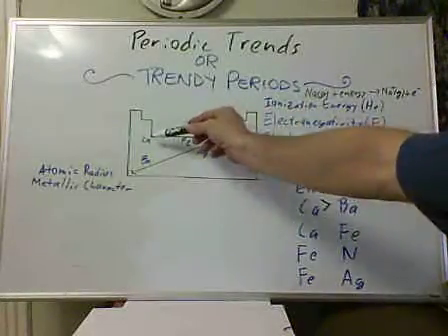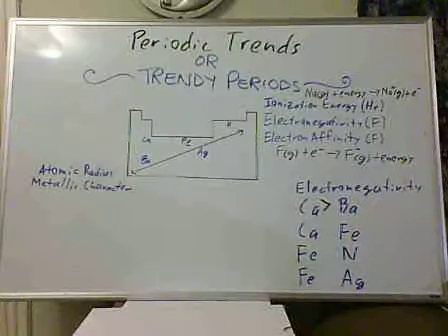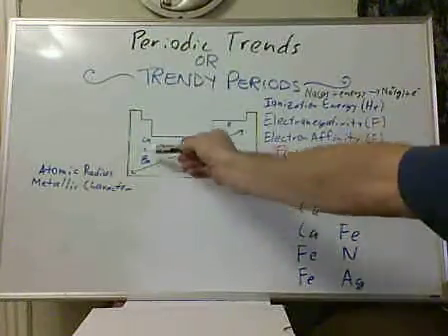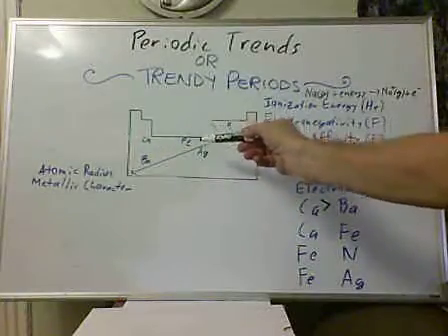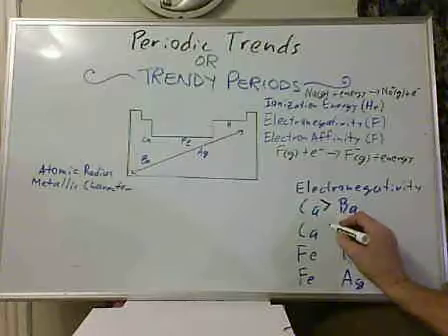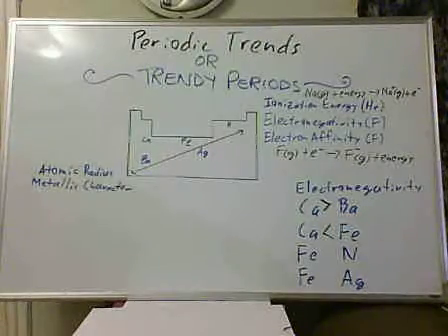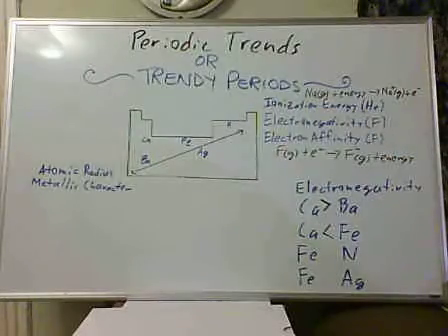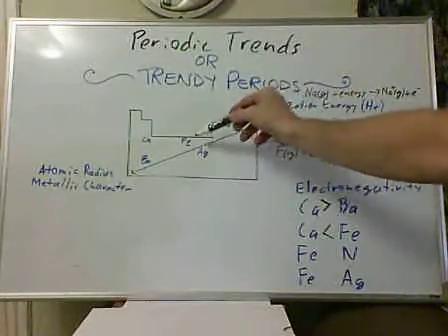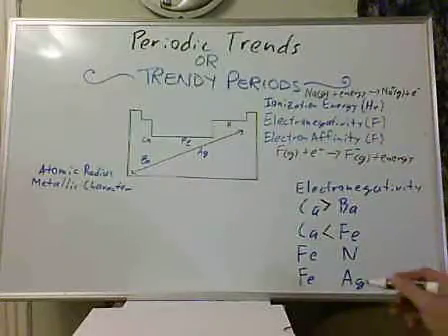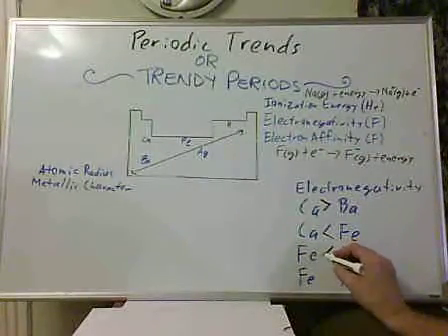If we compare calcium and iron, again, electronegativity is maximum in the upper right, so iron is right of calcium, so it will have a higher electronegativity. If you compare iron and nitrogen, nitrogen is toward the upper right from iron, so it will have the higher electronegativity.